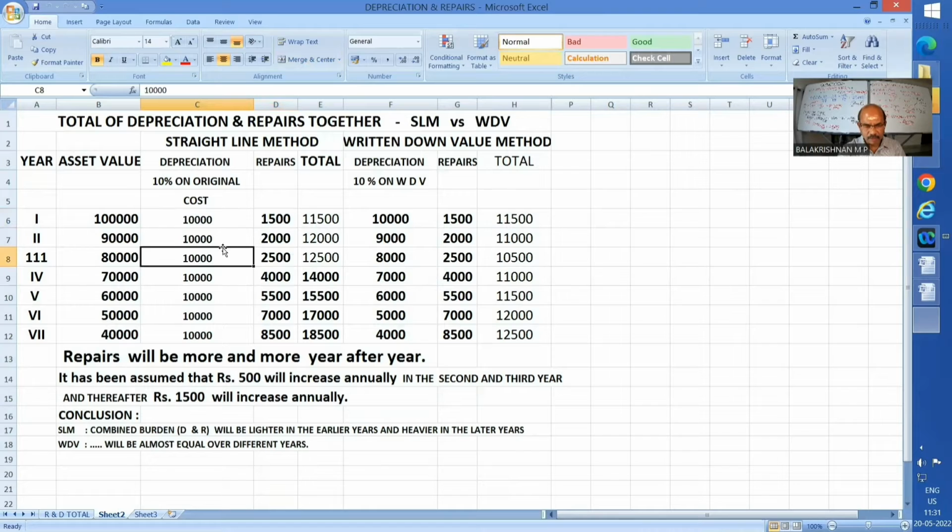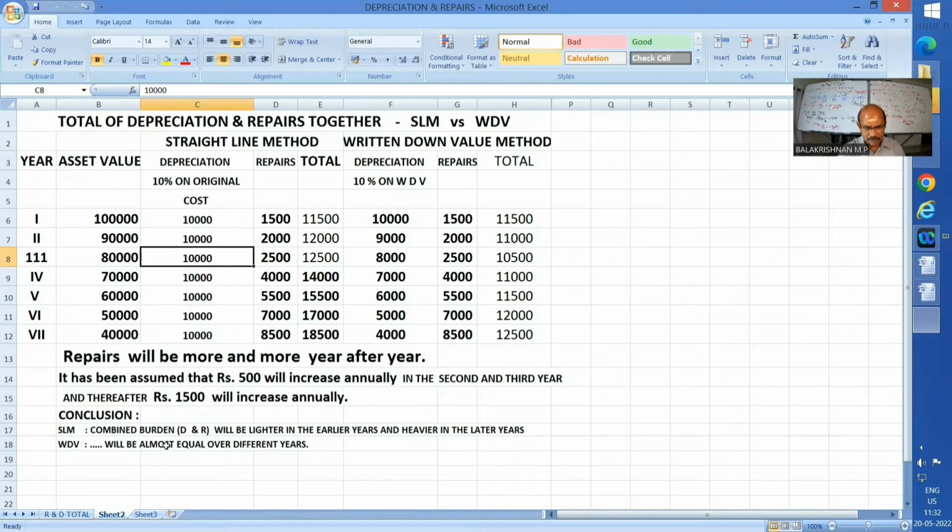11,500. Similarly, all other items, this is the combined effect. This is the X amount I told you. A careful examination of this column, you see, initially it's not much amount. Combined effect is somewhat lighter. As the years progress, it gets heavier.